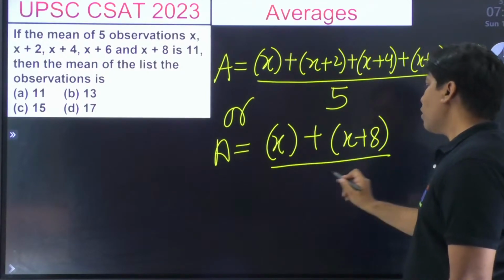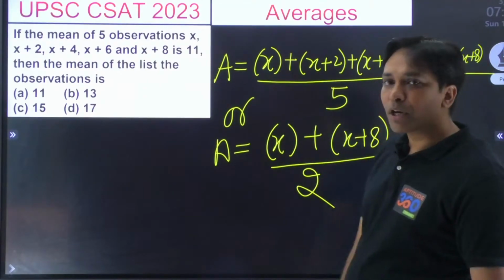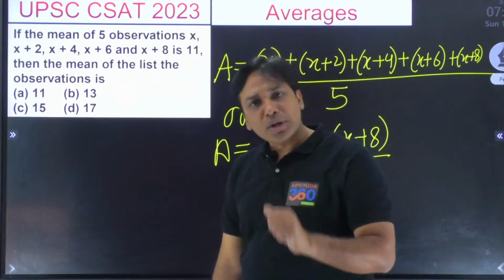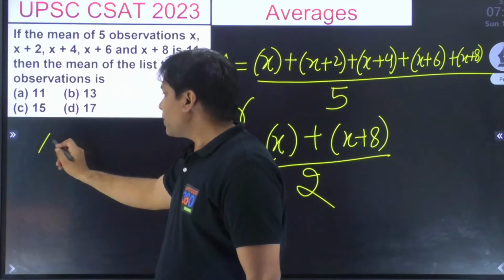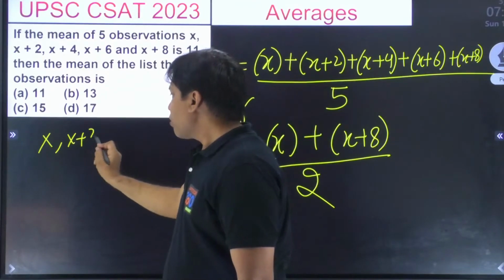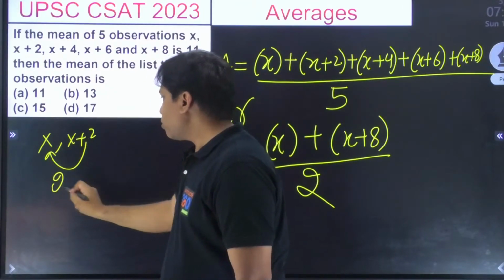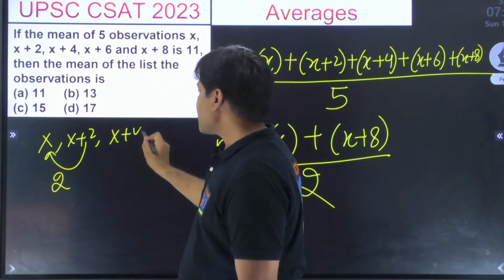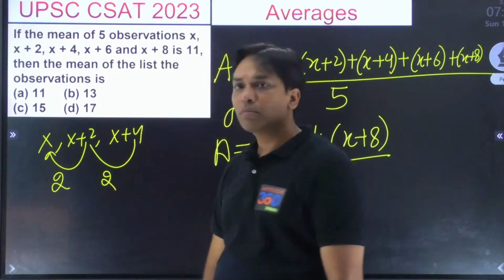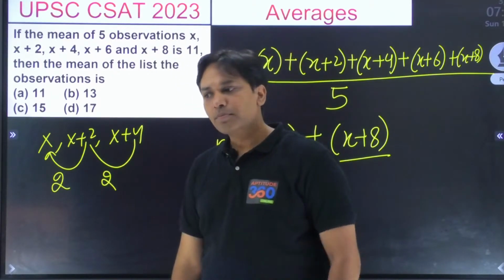Are we okay? Why can I say this? Because they are in arithmetic progression. After x you're getting x plus 2. What is the common difference? This minus this is 2. And what is the next term? It is x plus 4. So this minus this is also 2. So every time this is 2, right?